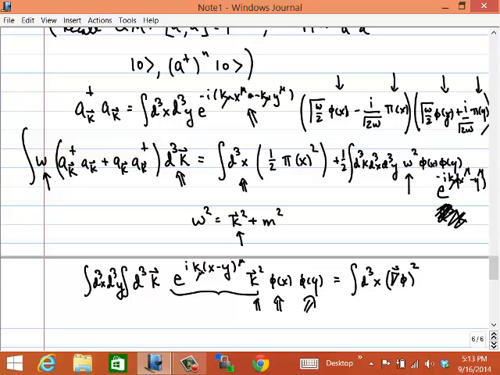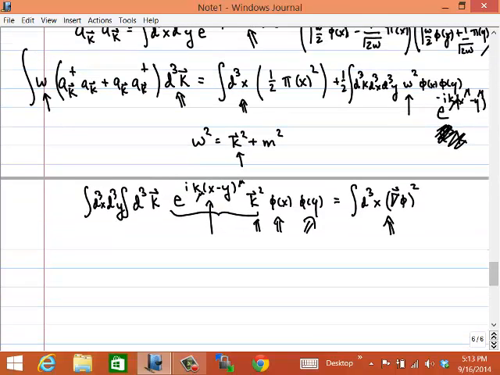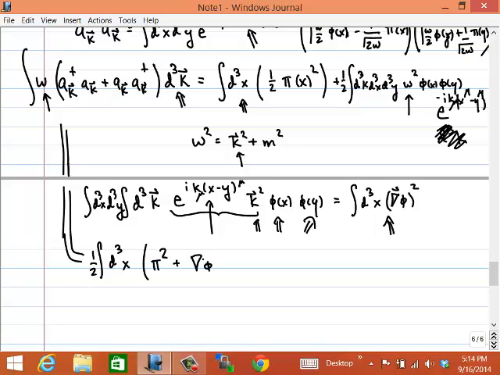And then you can use the k integral to get a delta function that sets x equal to y. Use that to do the y integral, and you get this expression. So this guy here is just going to be the integral d3x of 1/2 times pi squared plus grad phi squared plus m squared phi squared. Okay. Which is the Hamiltonian of a free field theory.